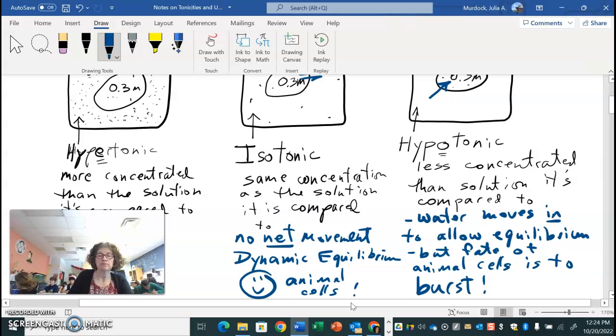All right, so just to reiterate, isotonic means same concentration as the solution it's compared to. In an isotonic solution, there's no net movement of water, even though it moves equally both ways, and that's called dynamic equilibrium. Animal cells prefer that situation most. How many of you guys have ever had an IV hooked up to you? Or had a friend or family member? Yeah, me too.